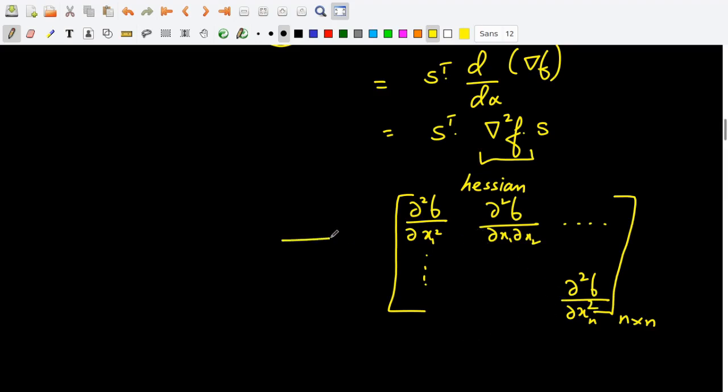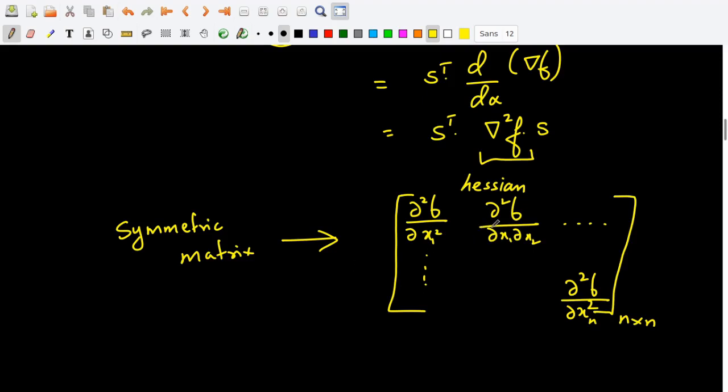The Hessian is a symmetric matrix, assuming that the function is well behaved, that means twice differentiable.